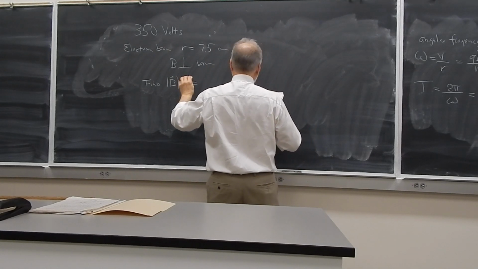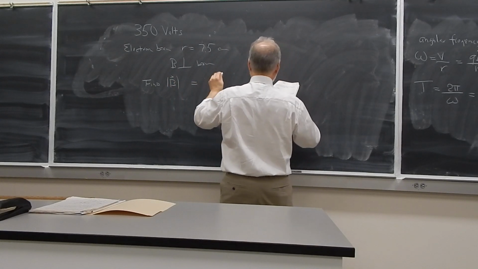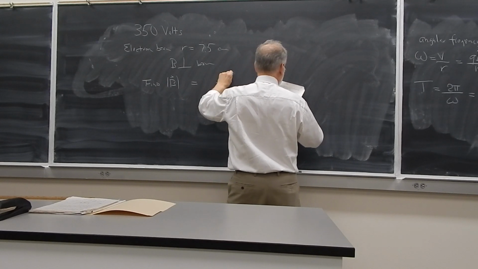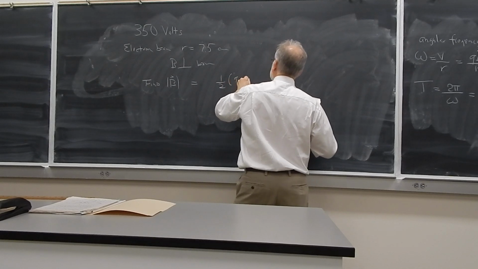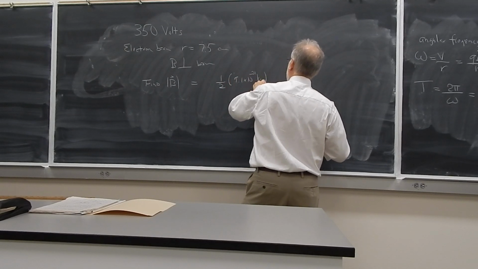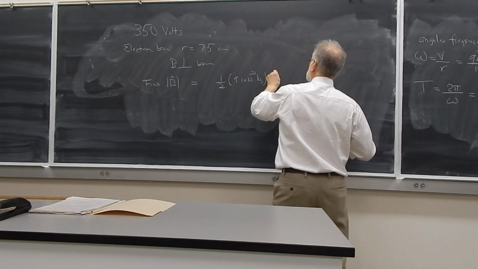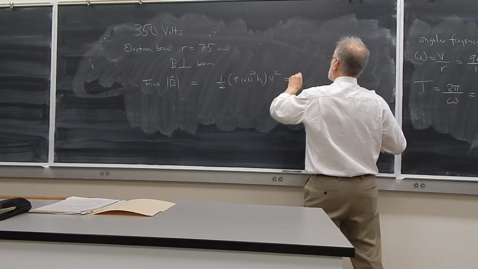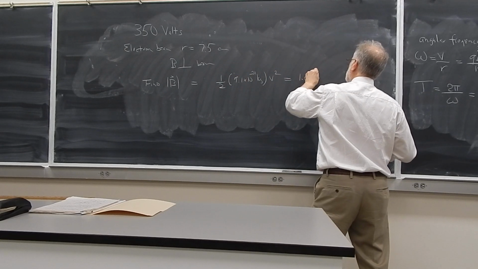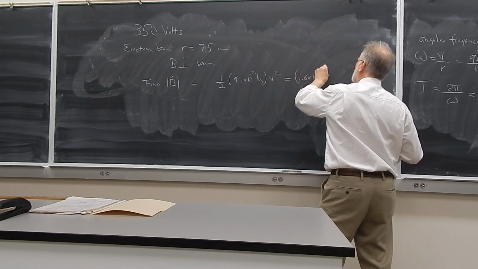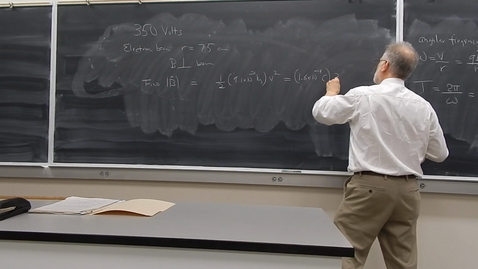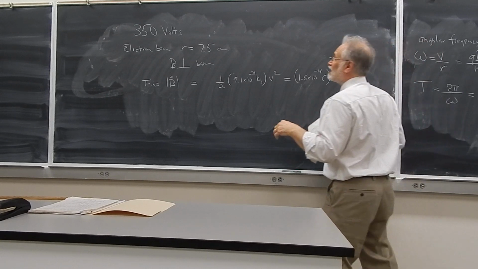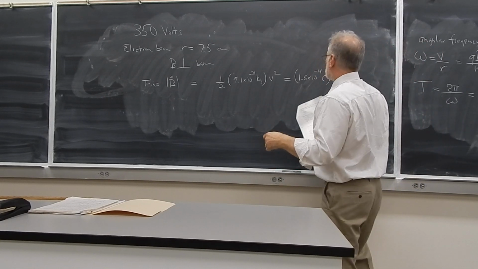Well, we know that we can do that because we know that the energy I can write as 1/2, if it's an electron beam, 9.1 times 10 to the minus 31 kilograms for the mass of the electron times the velocity squared. And I know that that energy is equal to the charge of the electron, 1.6 times 10 to the minus 19 coulombs, times the number of volts, right? Because this is 350 volts, or 350 electron volts if I'm talking about an electron.